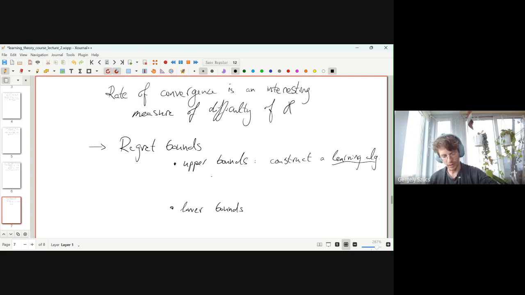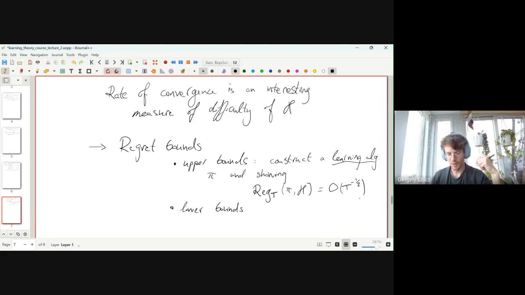This would be constructing a certain learning algorithm pi and showing, for example, that the regret up to time t of that pi across this hypothesis class is, maybe you can show something like it's O of 1 over square root of t, for example.